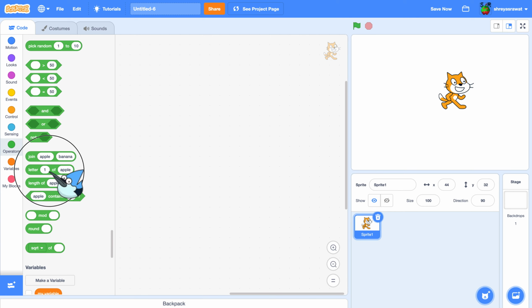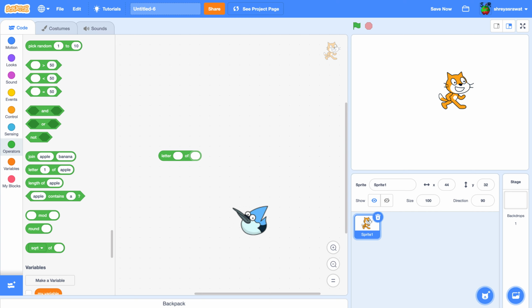So next is letter blank of blank. It's not used to find a letter; it is used to tell which letter is in the first position, second, third, fourth, fifth, depending on how long your word is.